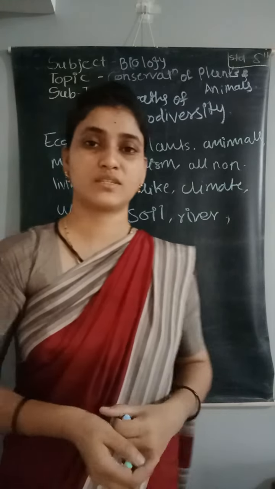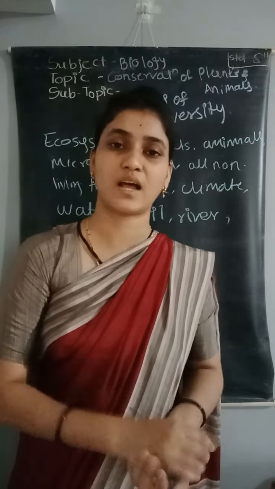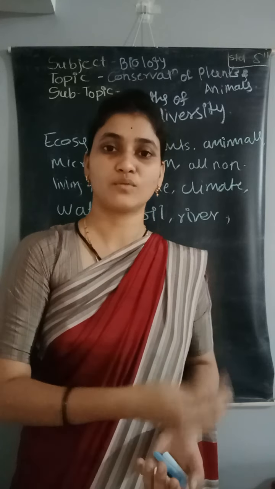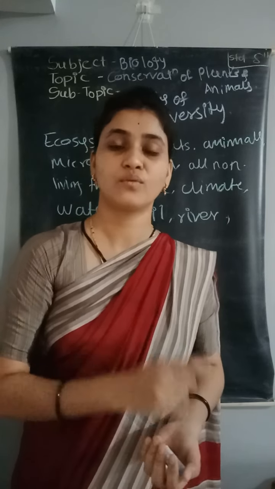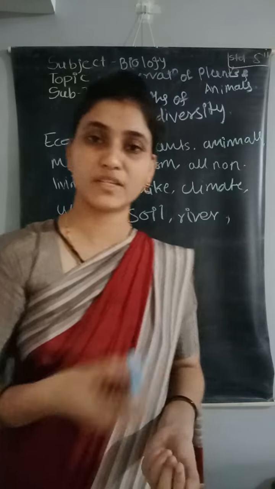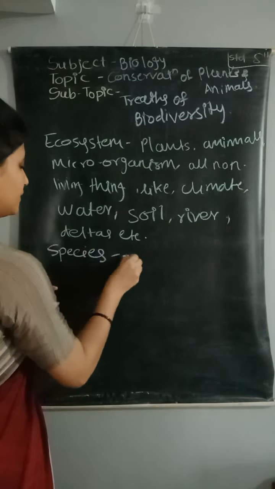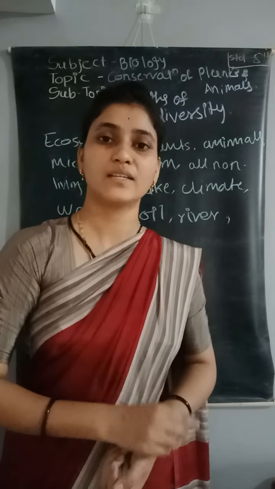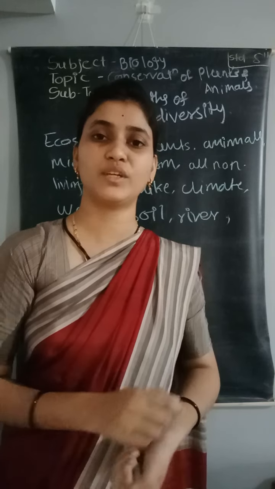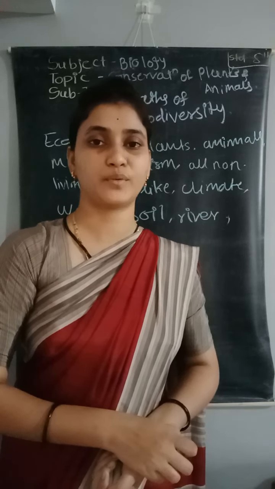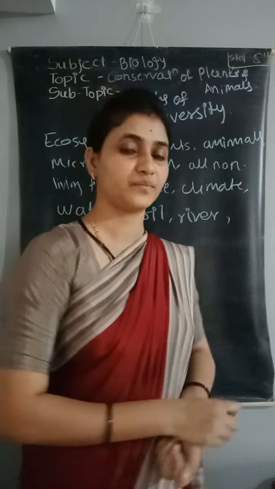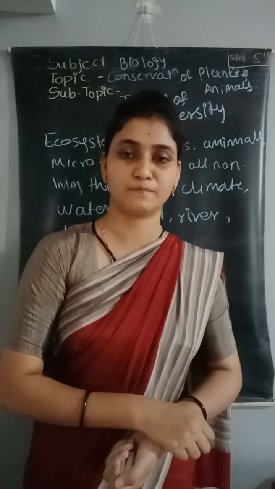And in an ecosystem, thousands of species survive. So what are species? What is meant by species? Species are organisms that are similar to each other and reproduce with each other. Those are the species of the organism.